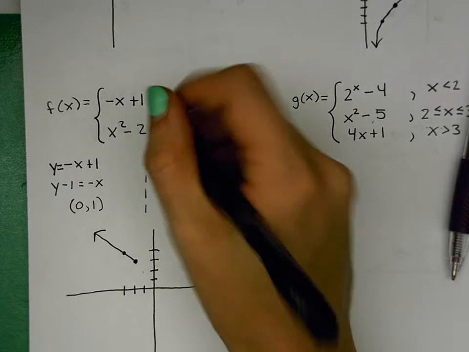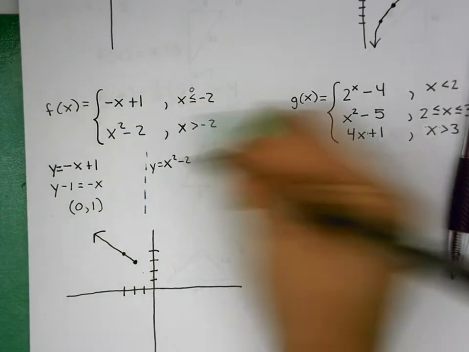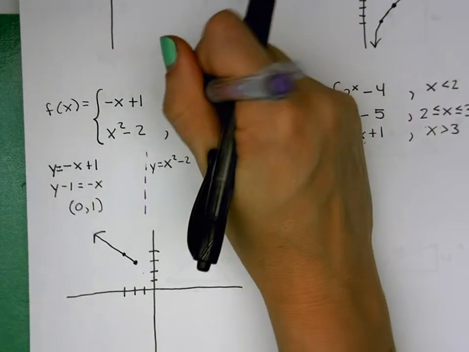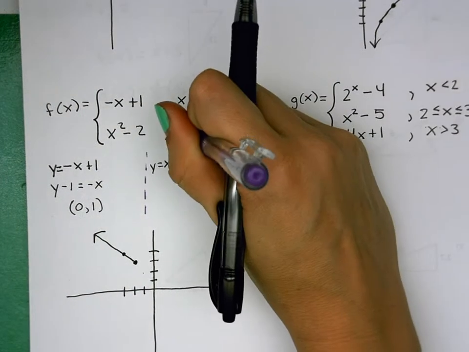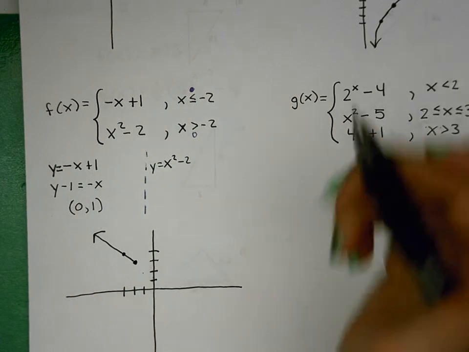Okay, second one, x squared minus 2, or y equals x squared minus 2. Okay, this one is not going to start until, I just realized I showed this as a point, but this one's going to be a hole. This one doesn't start till -2, and it will be a hole at x equals -2 because there's no equal sign.